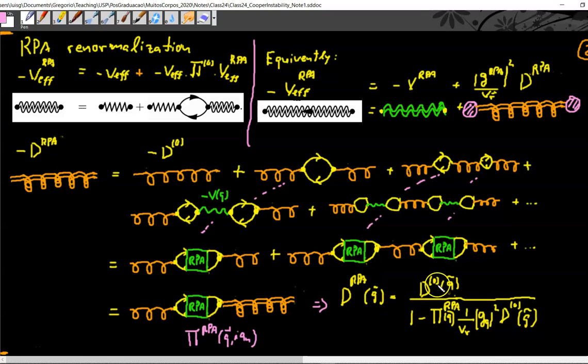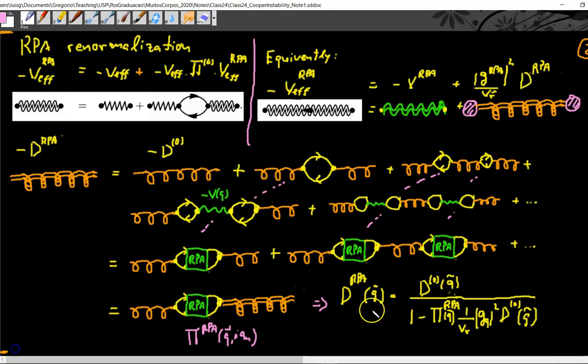The RPA equals the free propagating line, and here I'm using the notation q tilde, which includes both the momentum and the Matsubara frequency, and that will be 1 minus pi RPA times the vertex times D0. So this is the expression for the RPA in terms of the free propagating line. In other words, this is just solving this Dyson's equation. That is the formal solution, of course; I would have to calculate everything.